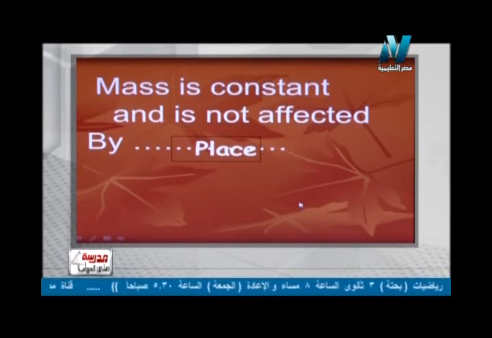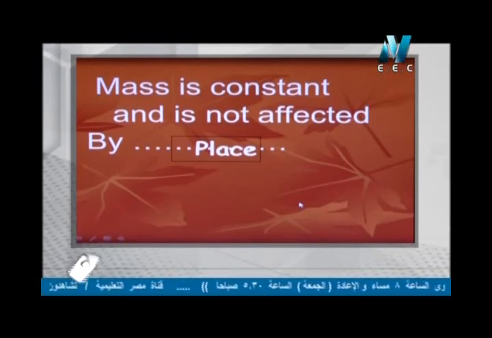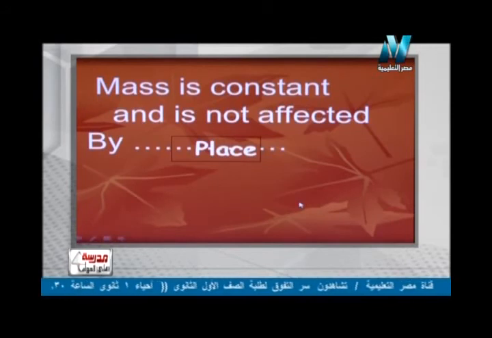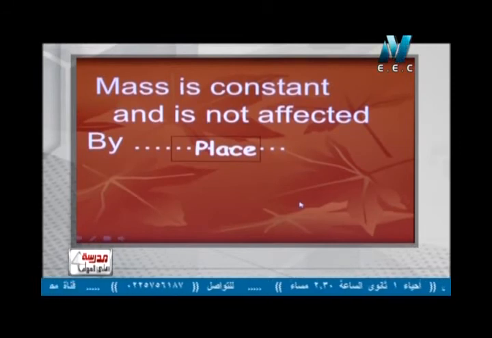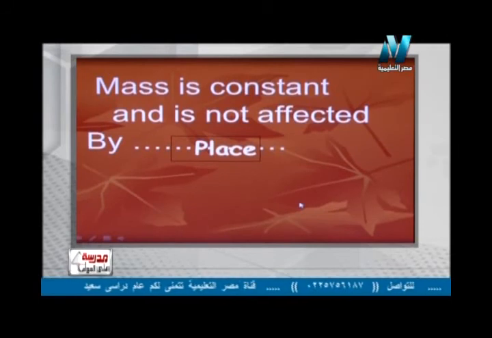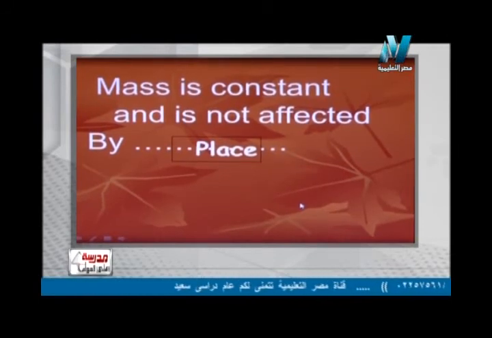So imagine that if your mass here on the earth is 50 kilogram, your mass will be also 50 kilogram on the moon. Your mass will be also 50 kilogram on Jupiter, on any planet, on any place in the universe في أي مكان في الدنيا كلها أو في الكون كله, your mass doesn't change. Why? Because mass isn't affected by changing the place. الماس ما بتتأثرش بتغيير المكان.